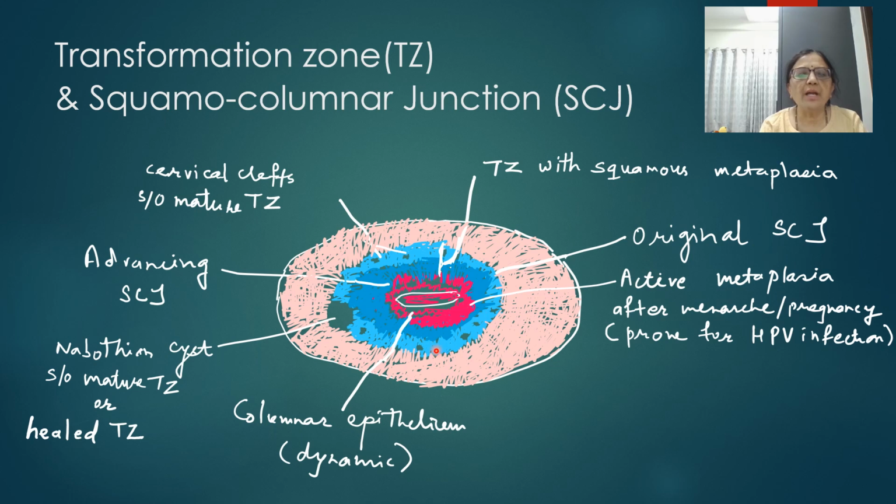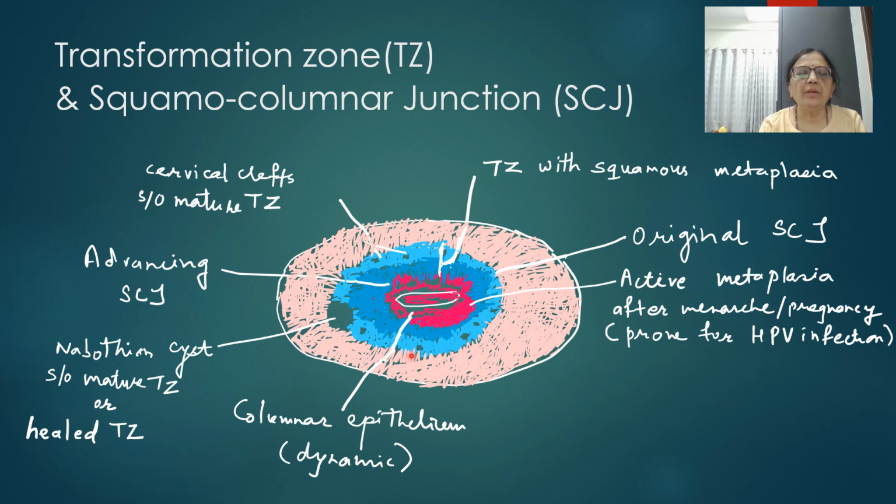We have already seen this in the last class, but just a revision of what the transformation zone is. It is the blue region between the original squamocolumnar junction, which is at the periphery, and towards the center we have the new advancing squamocolumnar junction.